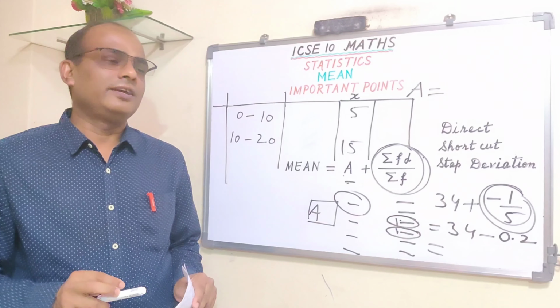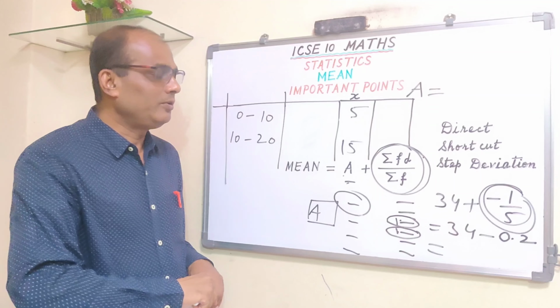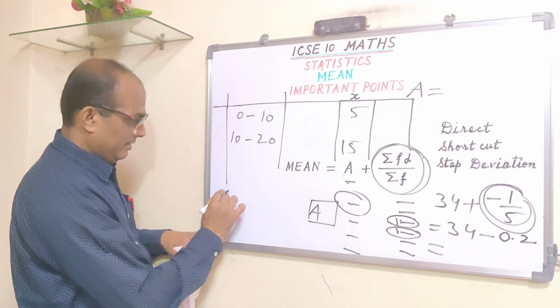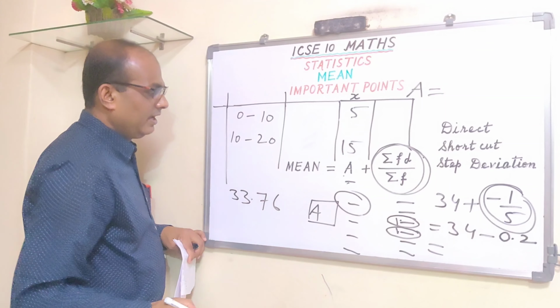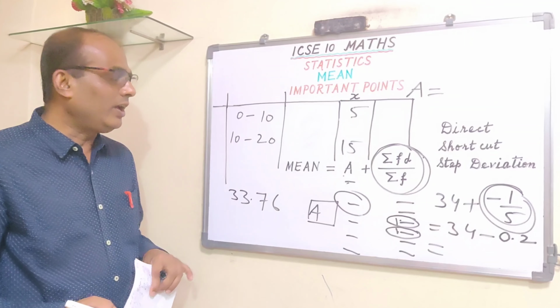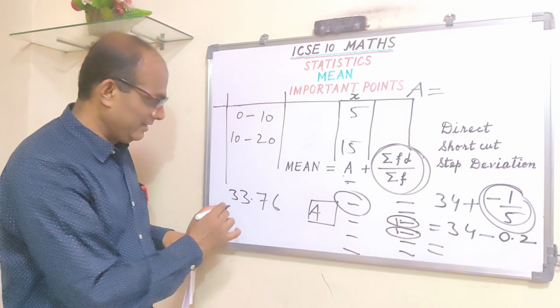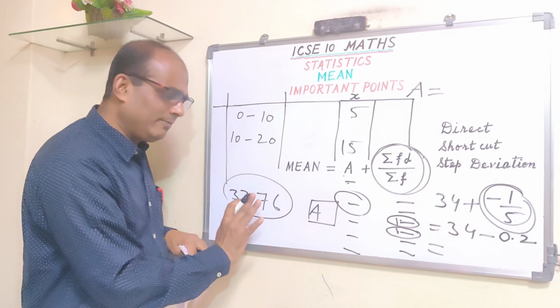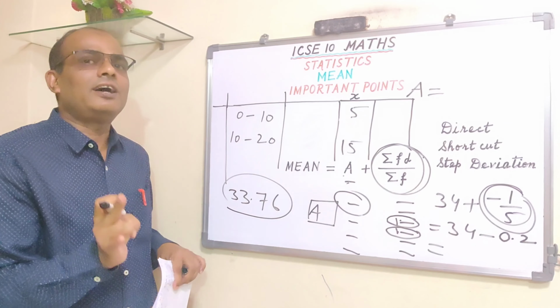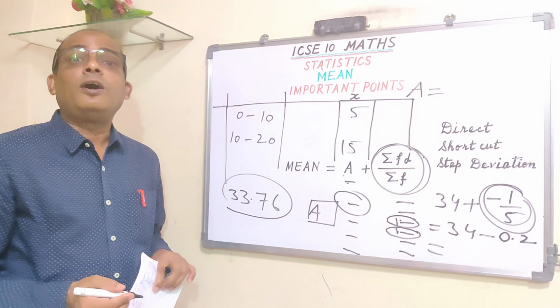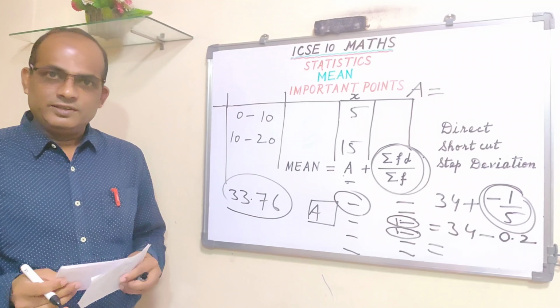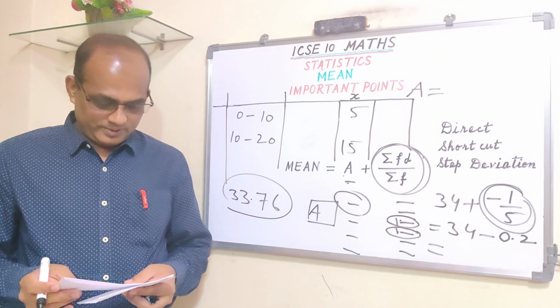You don't read the question carefully. Okay, for example, you got 33.76. Now the question says write up to 1 decimal place, and you are writing 33.76. This is absolutely correct, but the question says up to 1 decimal place. So this is up to 2 decimal places, or up to 1 significant figure. So this point is very, very important.